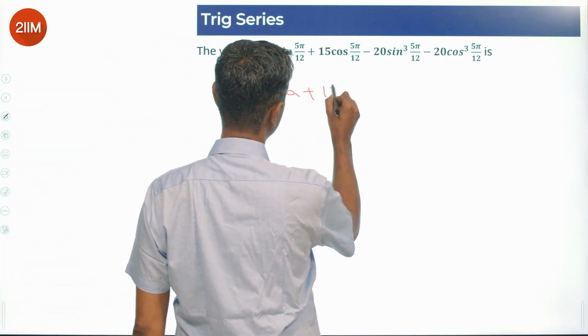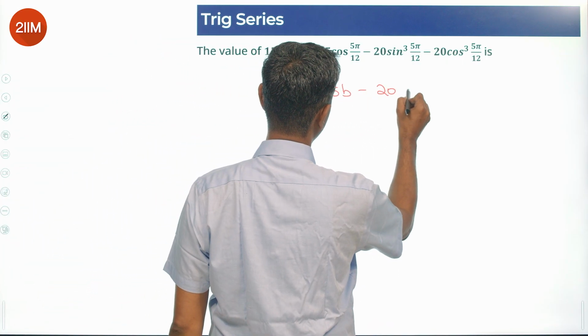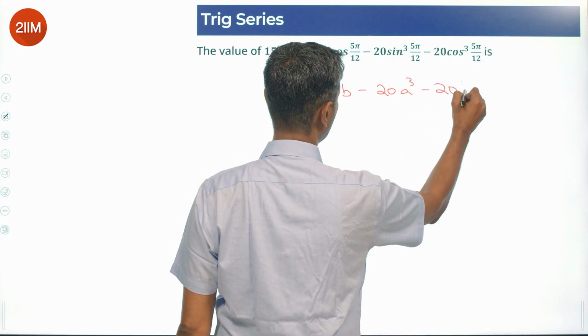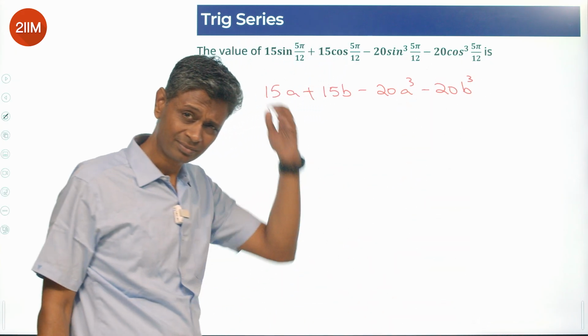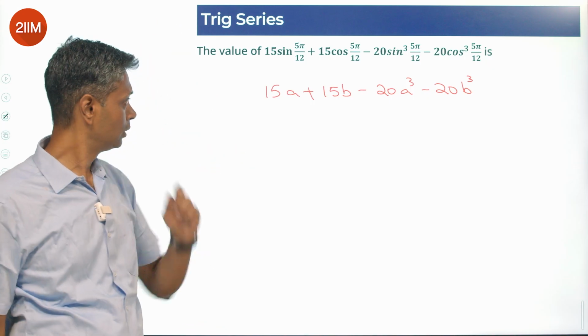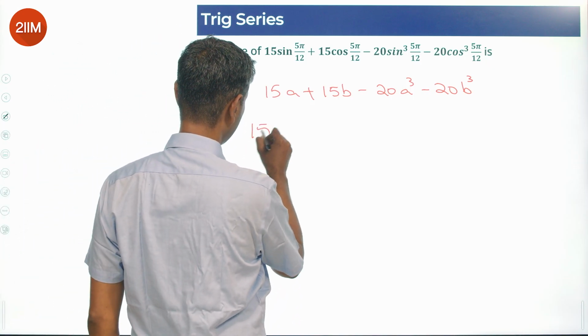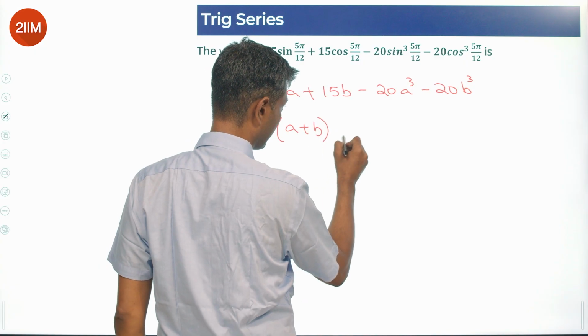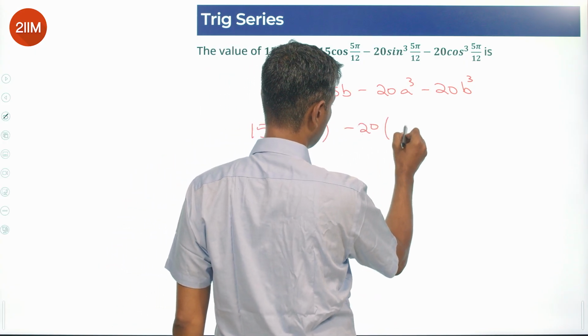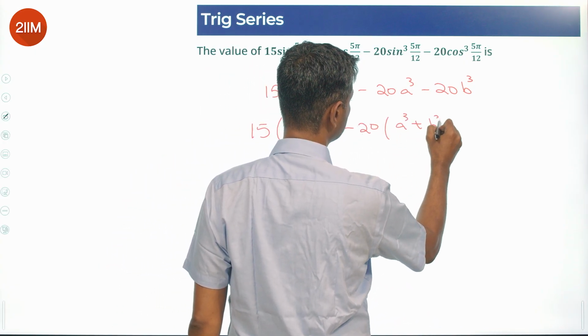15a plus 15b minus 20a cube minus 20b cube. Nice. So I can write this as 15 times a plus b minus 20 times a cube plus b cube.